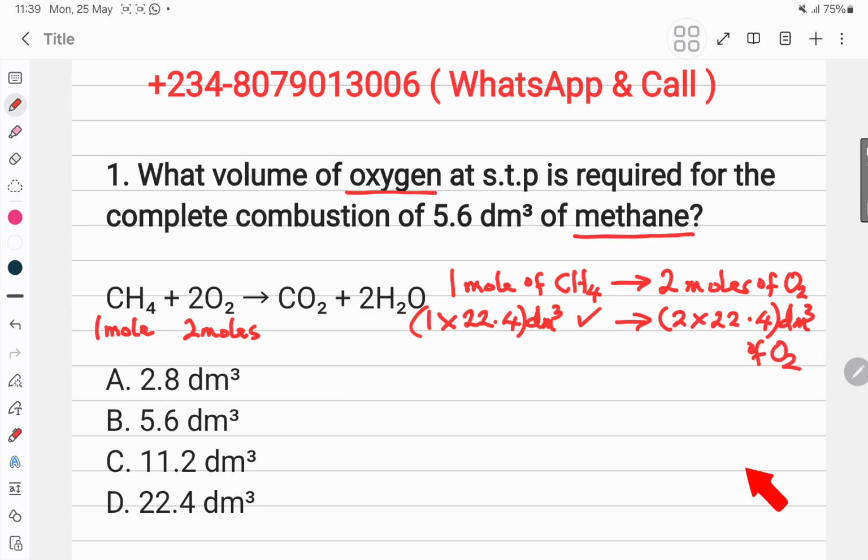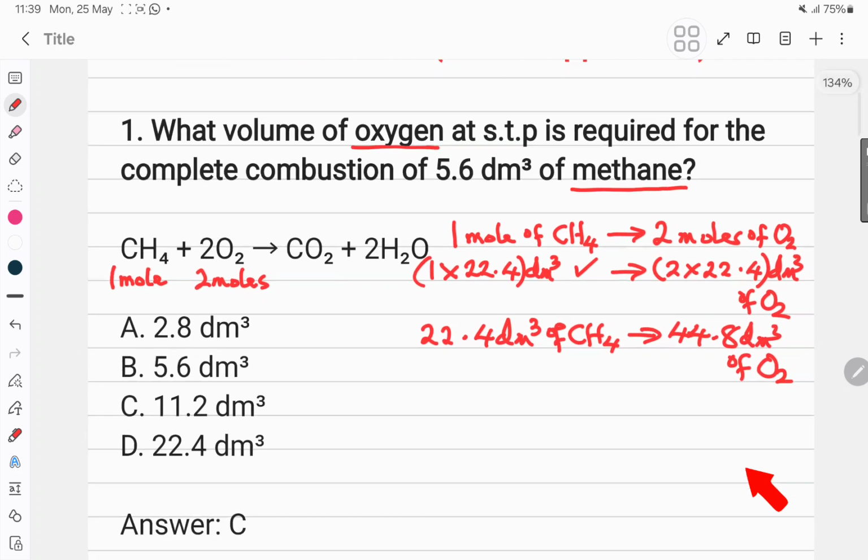We are converting to volume. So we now have 22.4 dm cube, which is the volume of 1 mole of methane. It will be requiring 44.8 dm cube of oxygen, according to the equation.